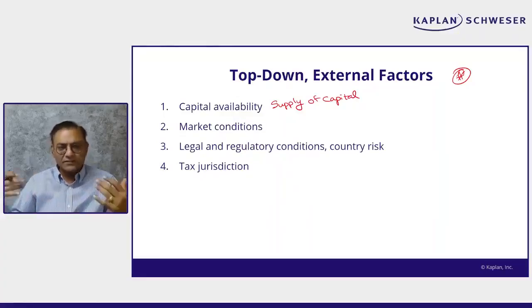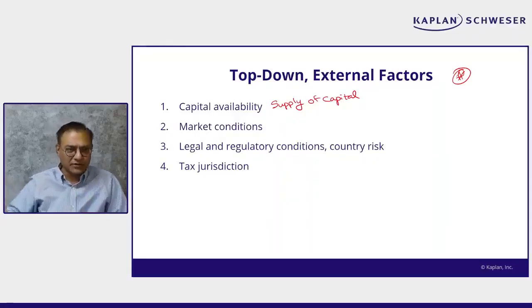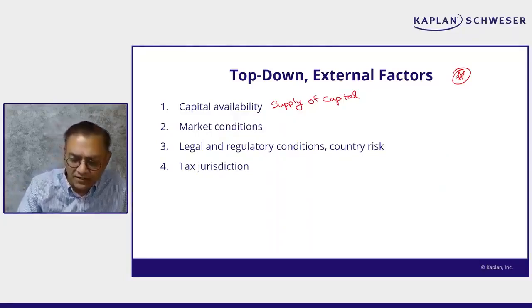But still, obviously, supply is going to be a big determinant of how much it's going to cost. In developed markets with developed capital markets, what you find is supply of capital is plentiful, so the cost tends to be lower as compared to emerging markets.